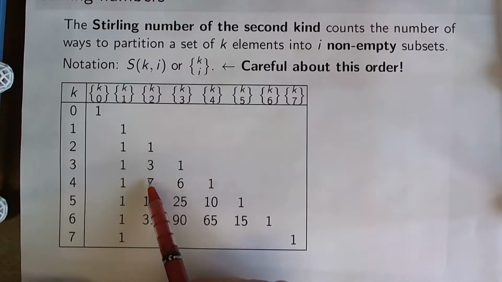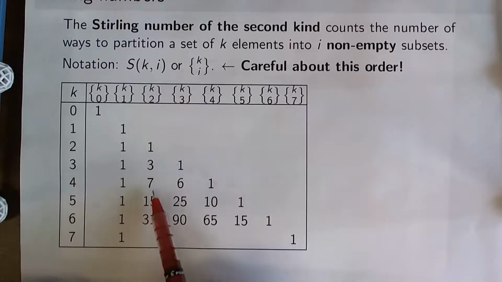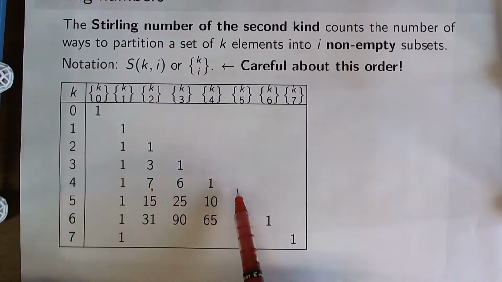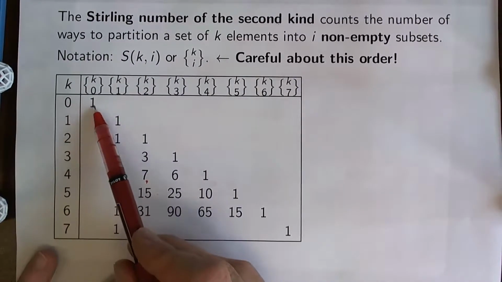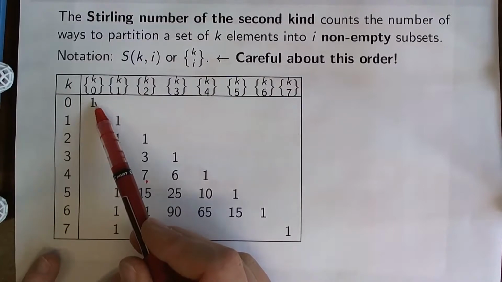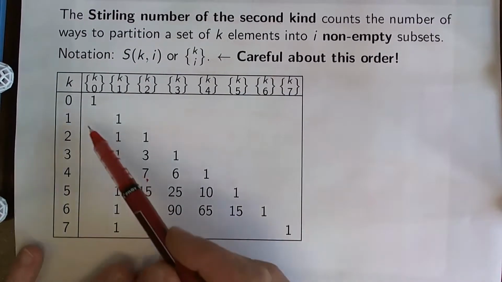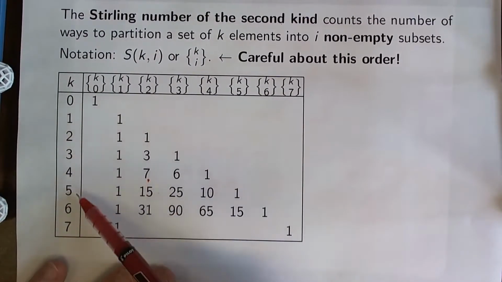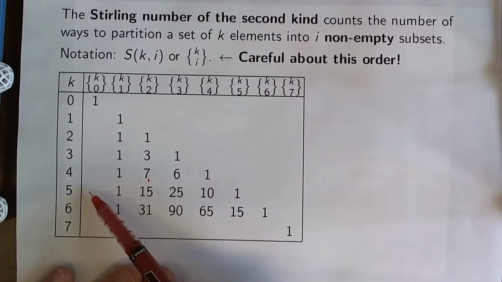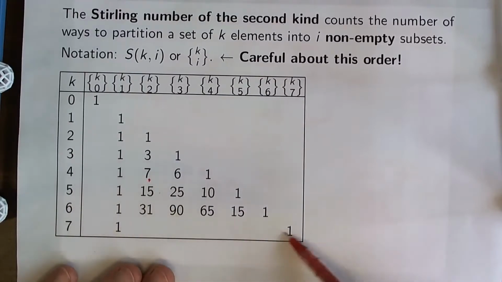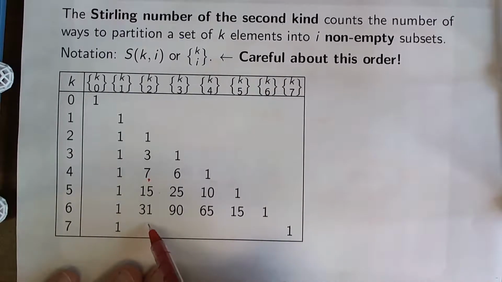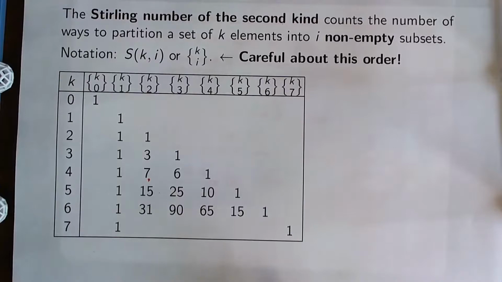And so here we found S 4,2 is 7. This is an interesting set of numbers. How many ways are there to put 0 elements into 0 subsets? There's one way to do that, but otherwise, if you have a positive number of elements, you can't put them into zero piles.